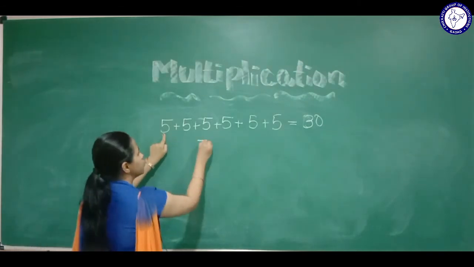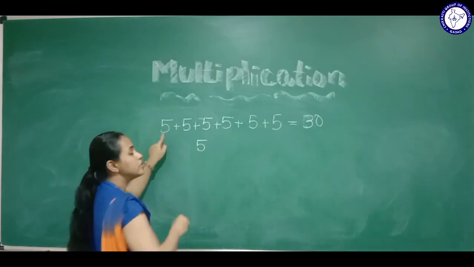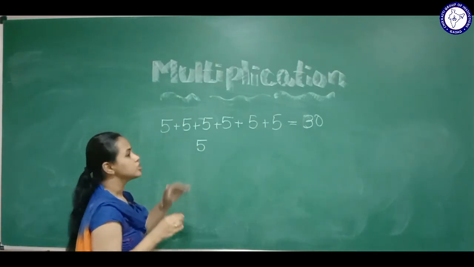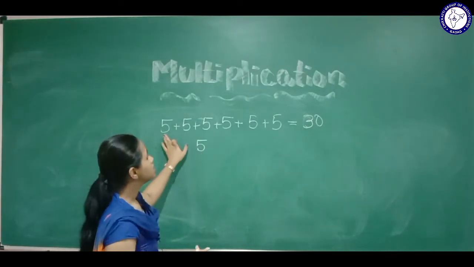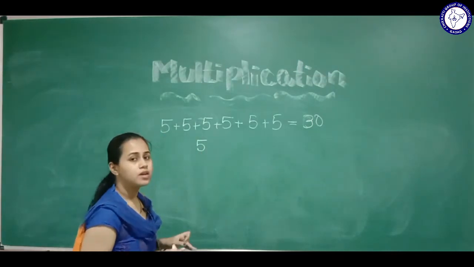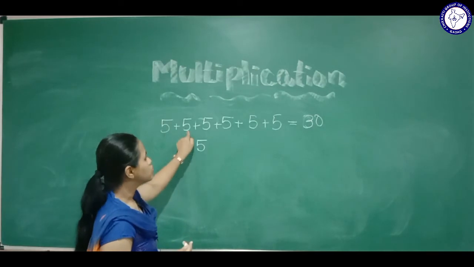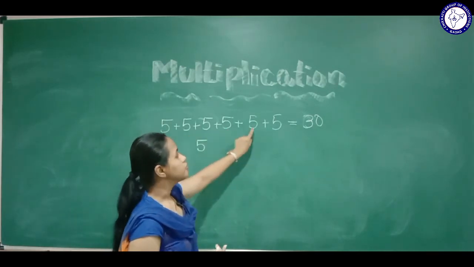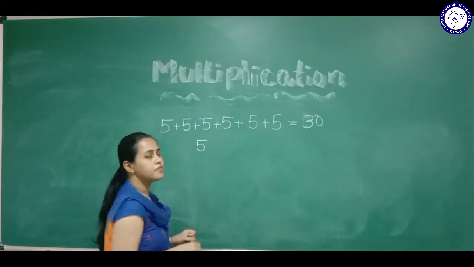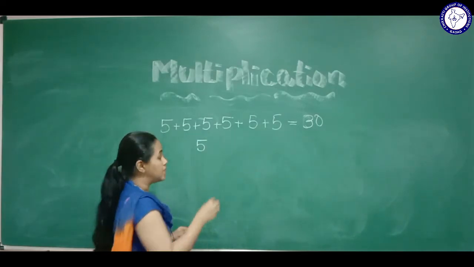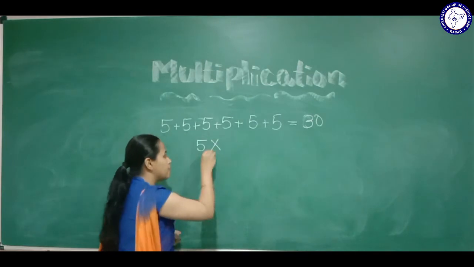It's a 5, so we should keep 5 here. We are multiplying the number 5 only, right? So how many 5s are here? 1, 2, 3, 4, 5, 6. What symbol do we have to add here? Multiplication, right? So we are multiplying.